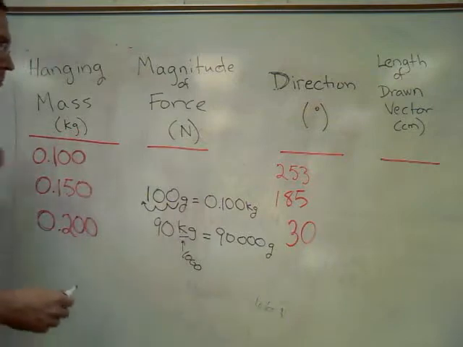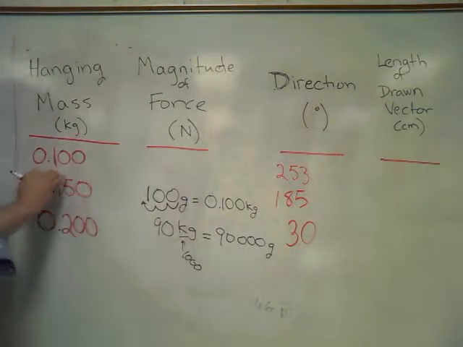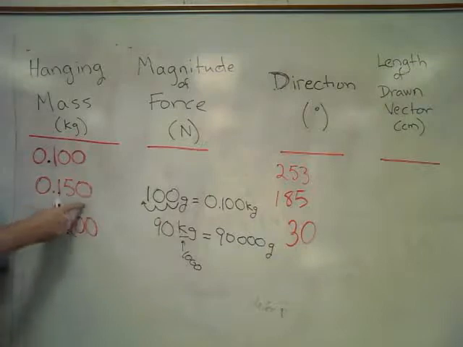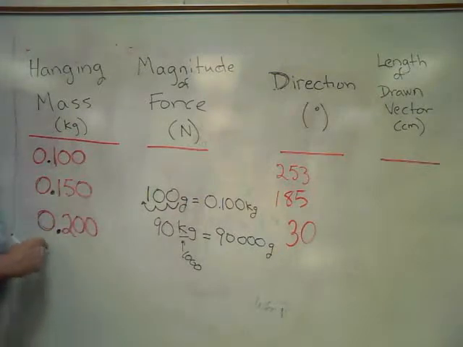Over here, this would be the equivalent of a 100-gram mass, or 0.100 kilograms, with a decimal point right there. This is 150 grams, or 0.150 kilograms. Again, big old decimal point right there. And here, 200 grams, or 0.200 kilograms.